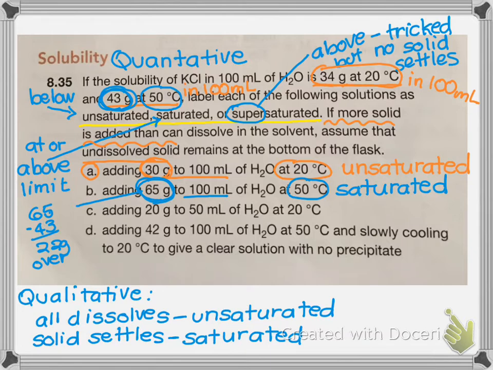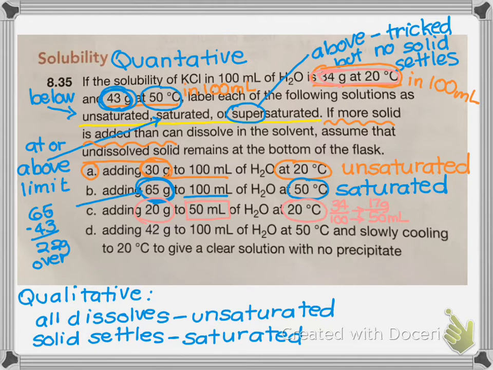Now letter C says I'm adding 20 grams, but look here, this time it's to 50 milliliters at 20 degrees. Well, I know from up here, I can add 34, but that's at 100. So if I could add 34 in 100, if I divided that in half, that would mean that I could add 17 grams to 50. Right?